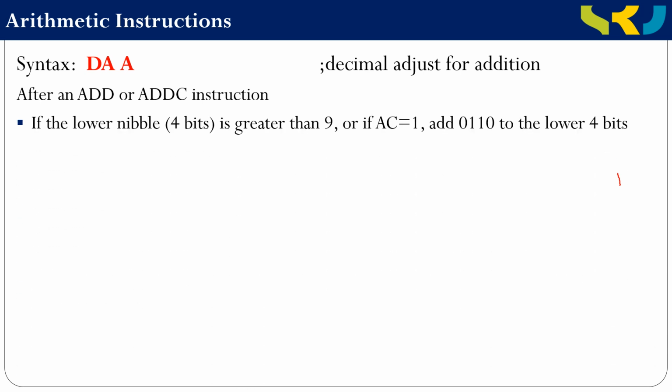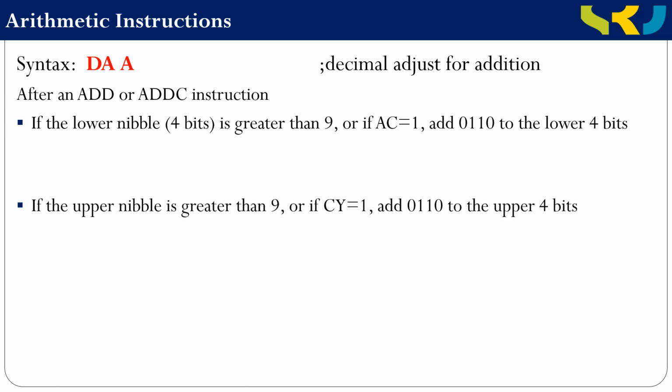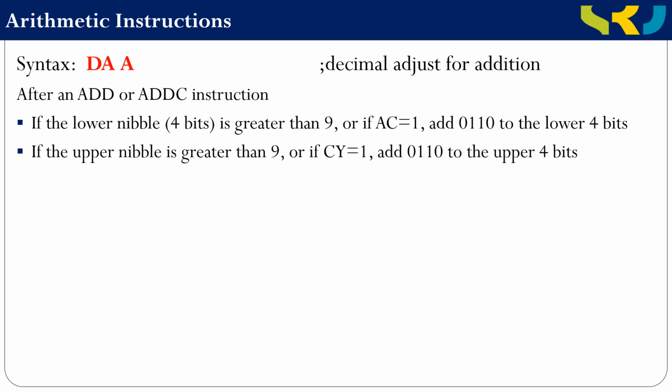The operation is: it will check if the lower nibble is greater than 9 or the auxiliary carry flag is equal to 1, and then it adds 06 to the lower 4 bits, that is, 06 to the result. And after adding 06, it checks the higher nibble. If it is greater than 9 or the carry flag is equal to 1, then it will add 60H to the result.